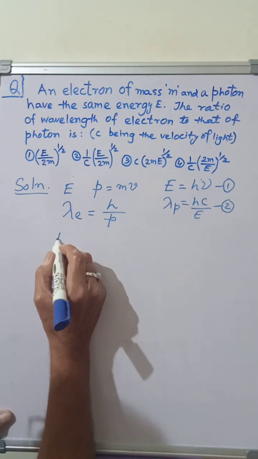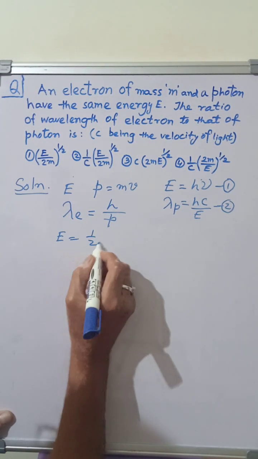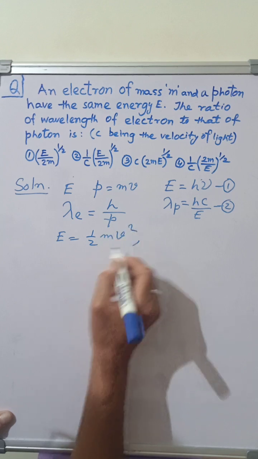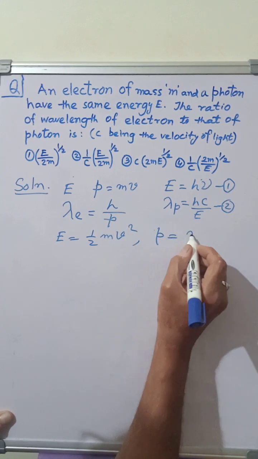Now E is equal to half mv square and p is equal to mv.